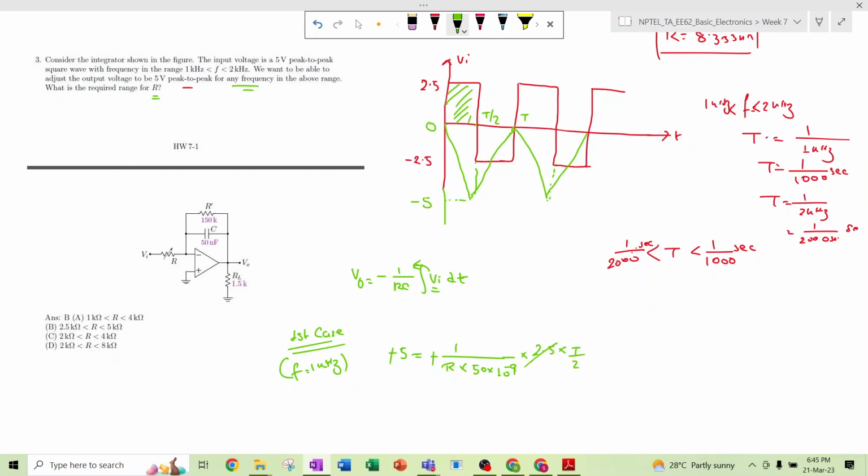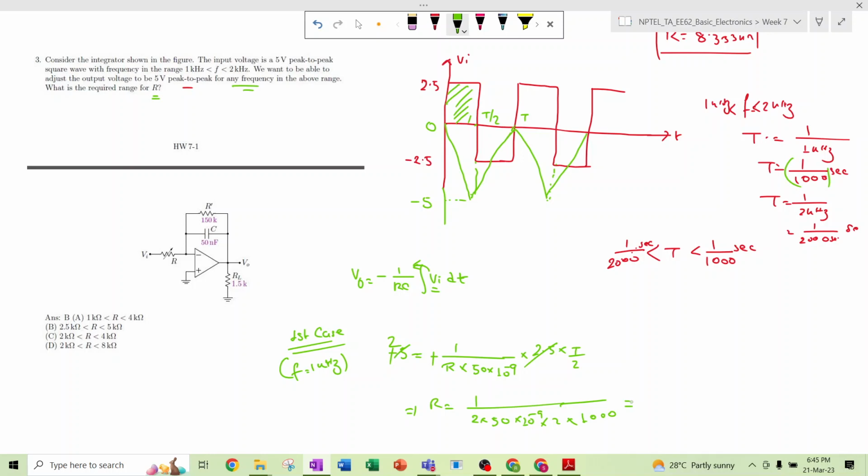The negatives cancel out, and 2.5 and 5 cancel out, leaving 2. So R is 1 divided by 2 into 50 into 10 to the power minus 9 into 2, and T for the 1 kilohertz case is 1 divided by 1000, so it will be 1000.